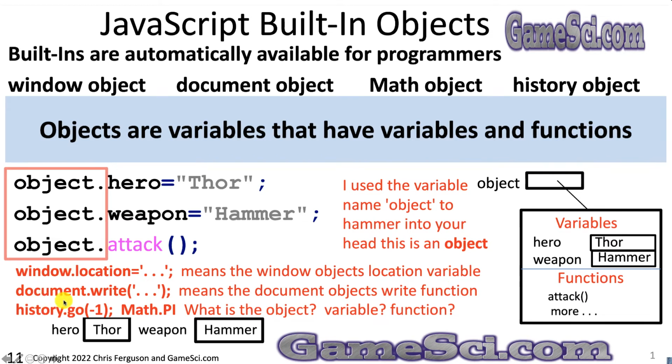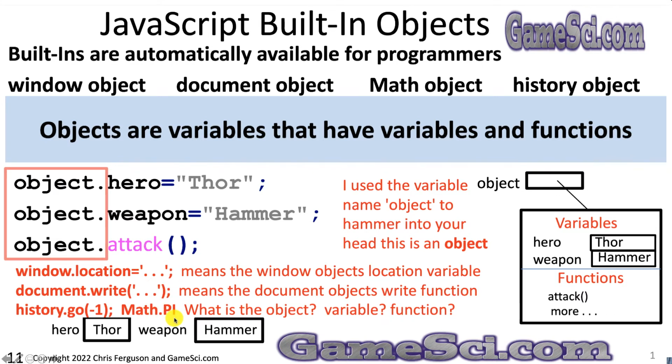When you see something like document.write with the parentheses, this means the document object and its write function. Document is an object, write is a function. You'll also see things like history.go -1. Go must be a function. It has parentheses.